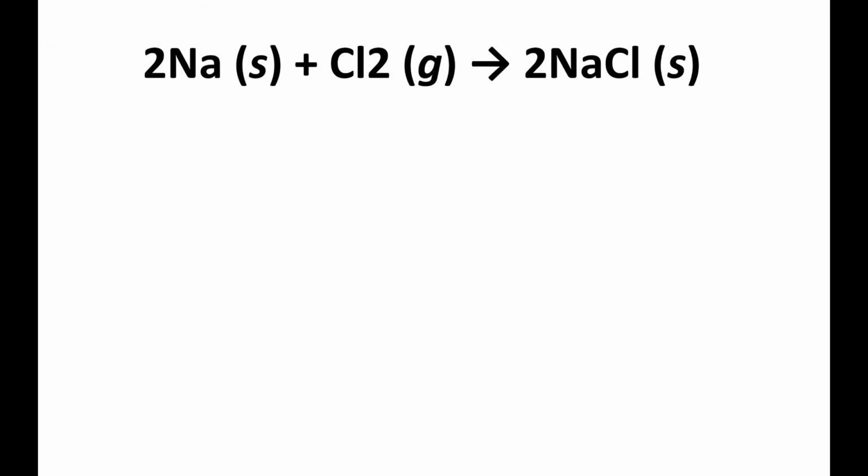Okay, let's write this in words. I'm going to change this because that's supposed to be a little 2, so write that as Cl2. When you write this in words, here's our solid sodium. You do not have to write the coefficients.